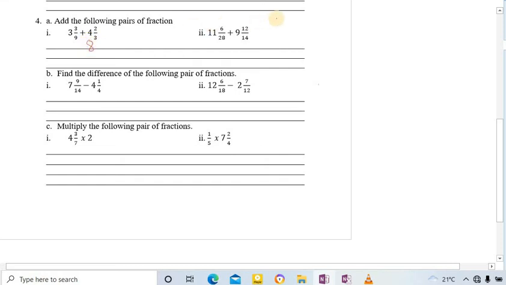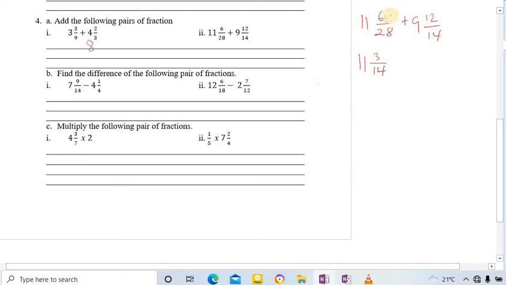This is 8. Now I think from what I just did, you now have a clue on how to solve this question: 11 whole number, 6 over 28 plus 9 whole number, 12 over 14. It will be 11. 6 out of 28 can be reduced by 2. 2 into 6 is 3. 28 divided by 2 is 14.